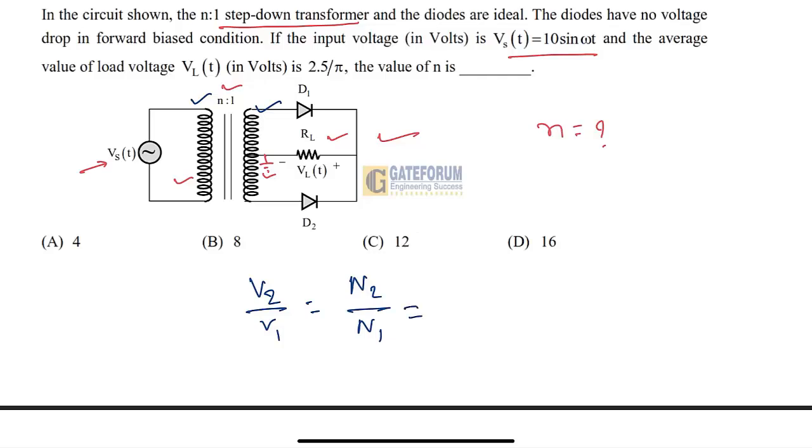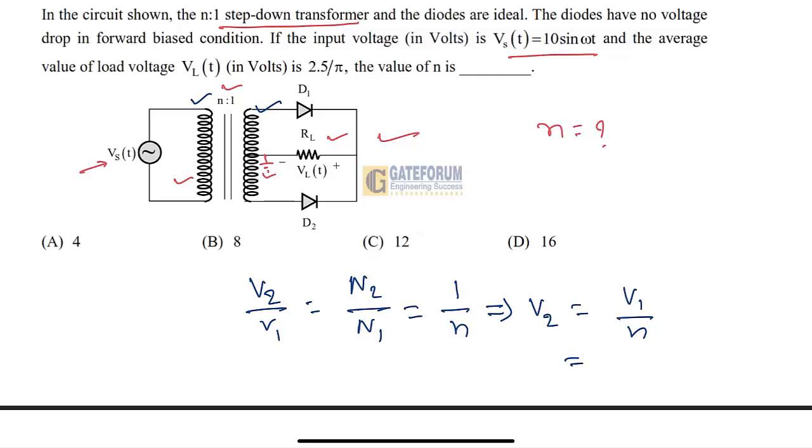The number of turns for the secondary coil is given here as 1, and the primary coil has N turns. So what will be the V2 value? V2 is equal to V1 divided by N, and V1 is given in the question.